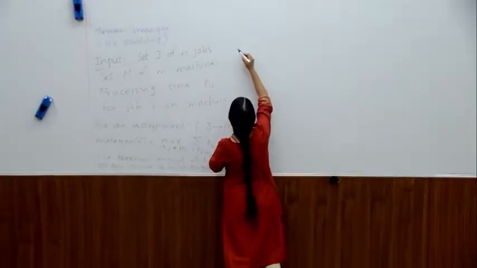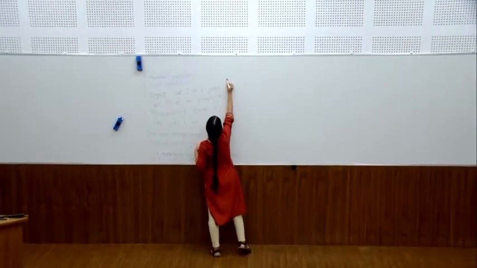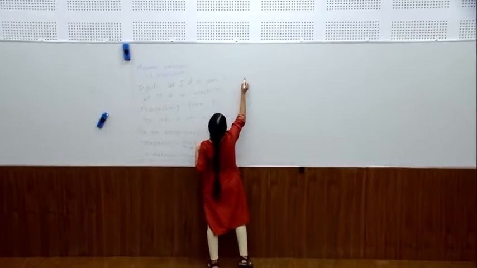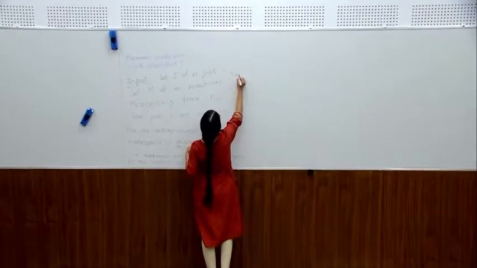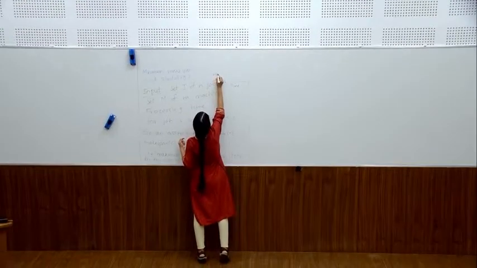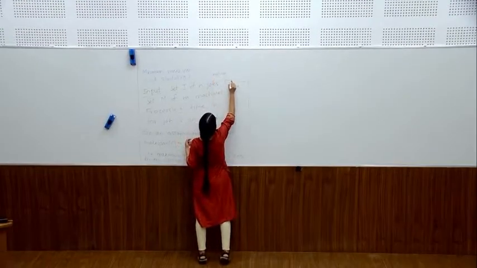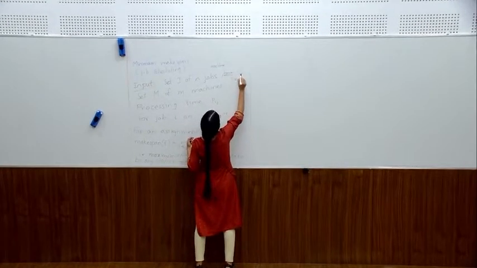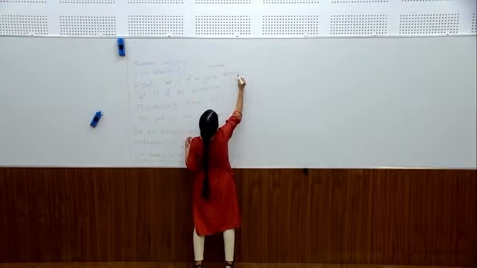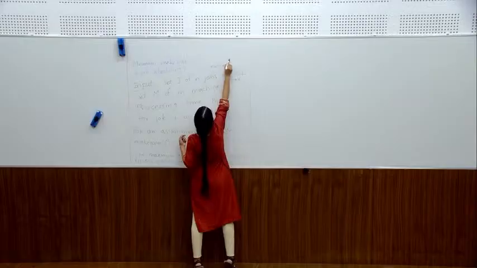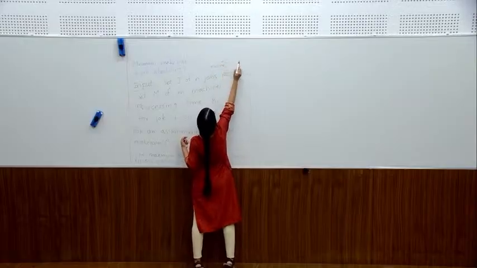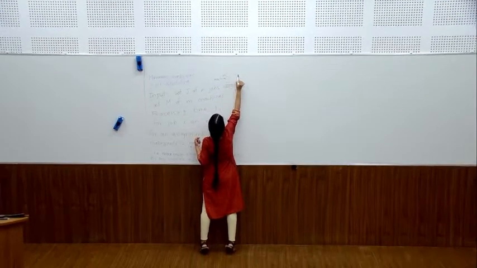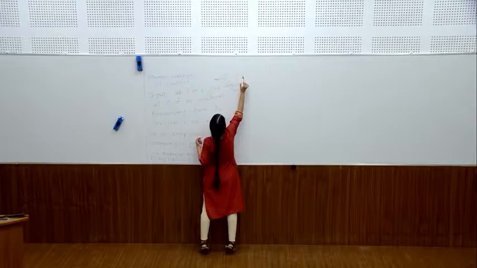So if we draw a graph of time versus machines, then an assignment would look like this. This is the time taken by one job on one machine, and this is another one. So this is for one machine, and there are m such machines. Different machines will finish at different times.